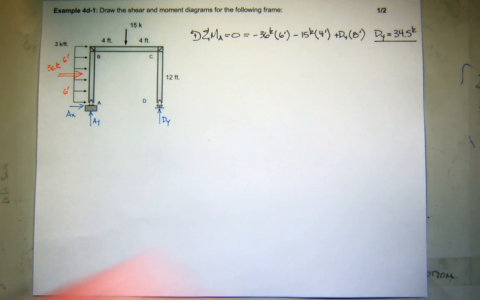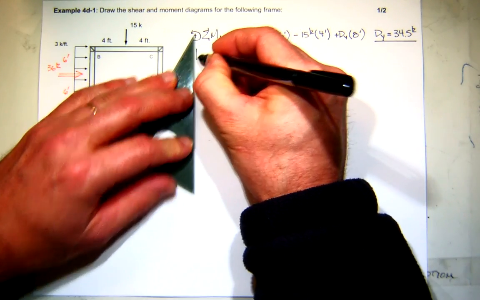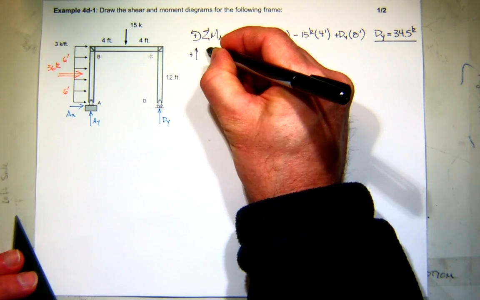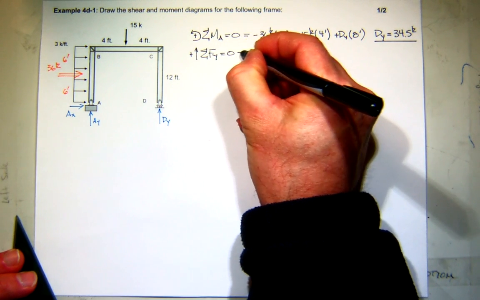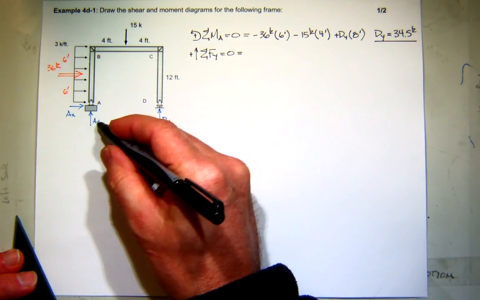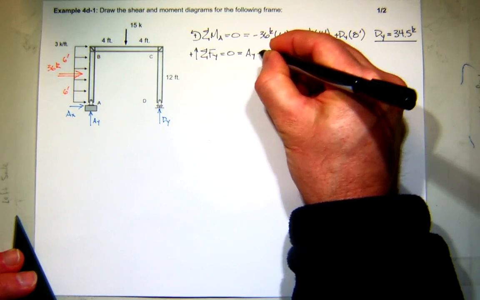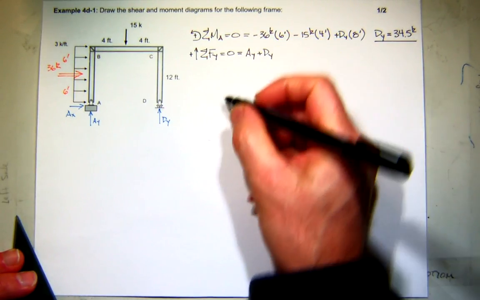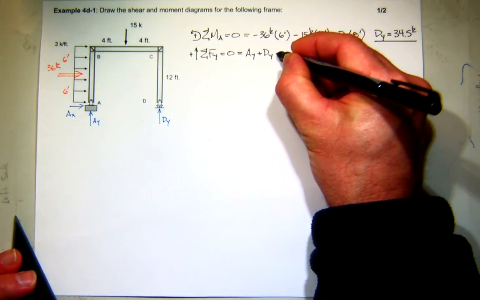Okay, cool. So now we can find the reactions at A. I'll sum forces in the y direction. That's a pretty easy thing to do now that I have dy. Looking at my free body diagram, I have AY acting up. I assume dy also acted up. And then in the y direction, I only have one force, this 15 kip force, and it's acting down.